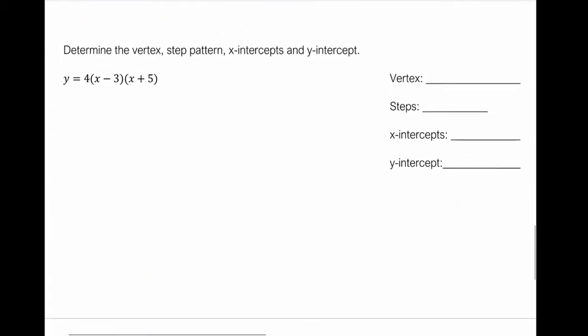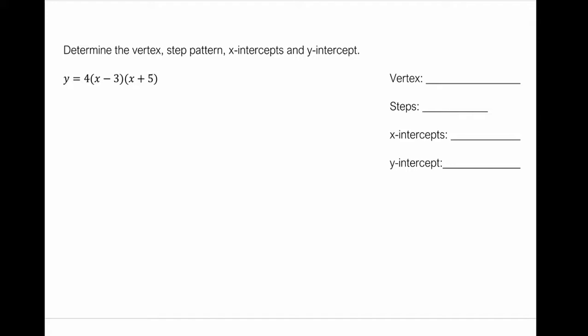In the second example, again, the same thing, except now we're looking at the factored form. And in the factored form, we can convert this into a bunch of different equations and find a lot of information. It actually lets us find the most information. So if we want to find the vertex, we have practiced with this before, so if you don't quite remember, go back to our factored form note.